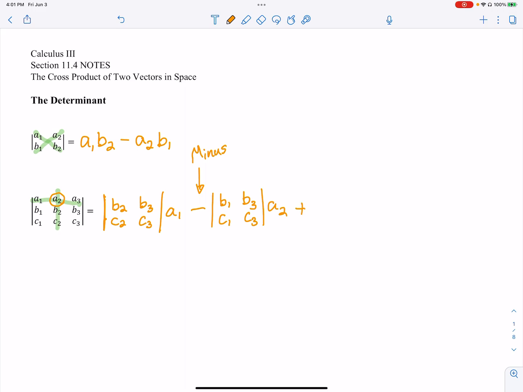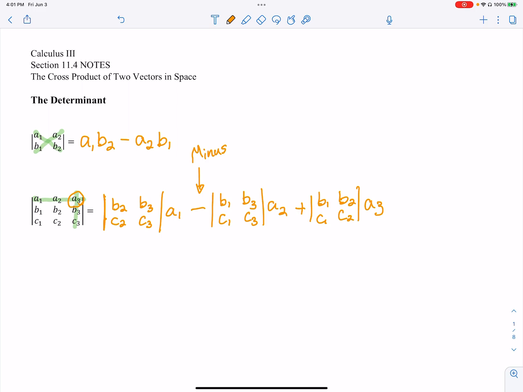It's always a minus, so it's positive minus positive. The third thing I do is I highlight the third column in the first row. I circle its intersection. The remaining numbers go inside my little determinant: B1, B2, C1, C2, and then we get A3.